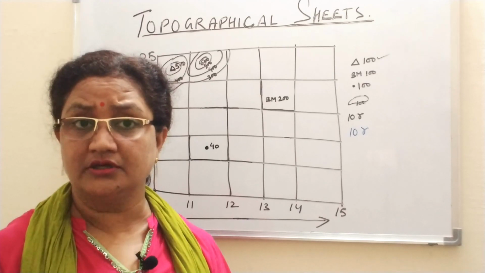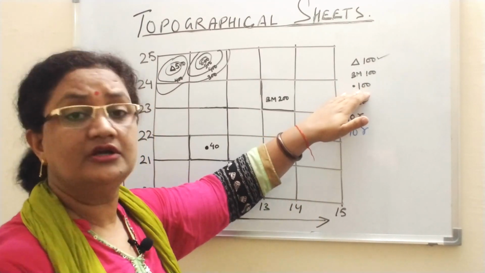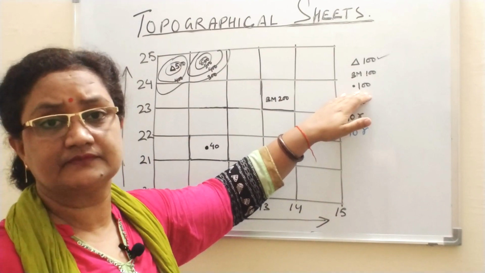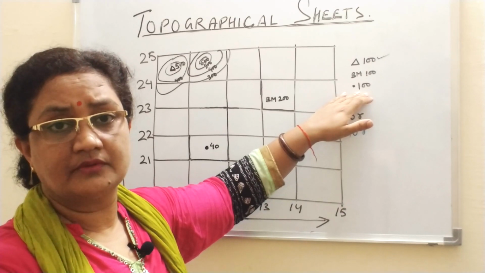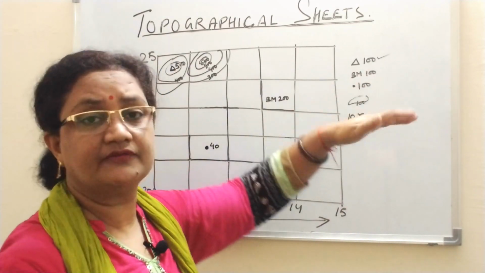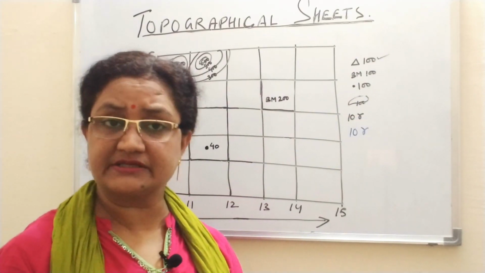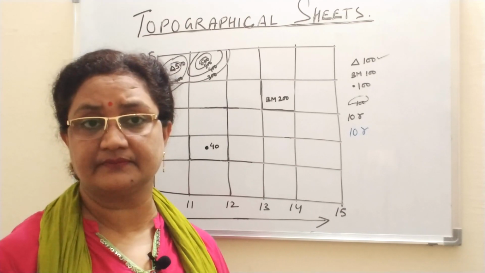That indicates what? A spot height of 100 meters above the mean sea level. Right? Again from the mean sea level. So this is again another method to show the height of any particular place.